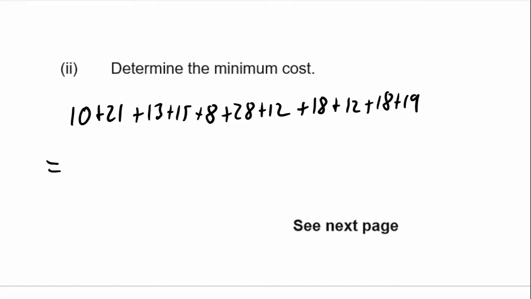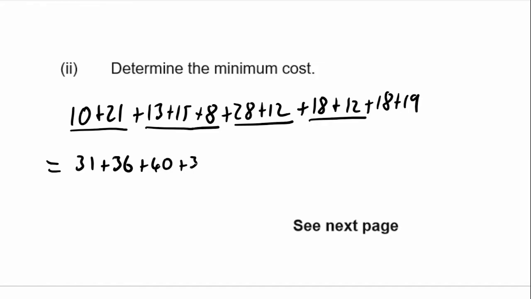So 10 and 21 is 31, 13 and 15 and 8. We'll just get rid of that one as well. 13 and 15 is 28, 28 and 8 is 36, 28 and 12 is 40, 18 and 12 is 30, 18 and 19 is 37.